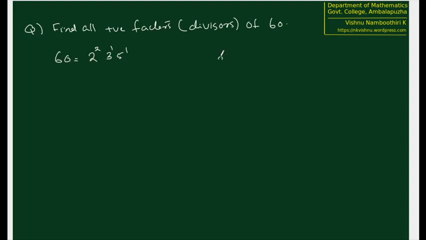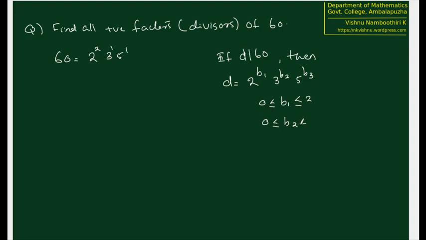Therefore if d divides 60, then d is of the form 2 to the power b1, 3 to the power b2, 5 to the power b3, where 0 less than or equal to b1 less than or equal to 2, and 0 less than or equal to b2 less than or equal to 1, and 0 less than or equal to b3 less than or equal to 1.